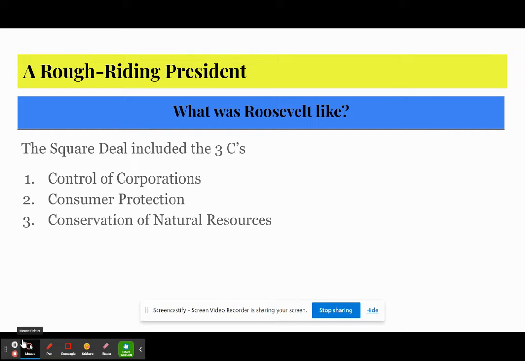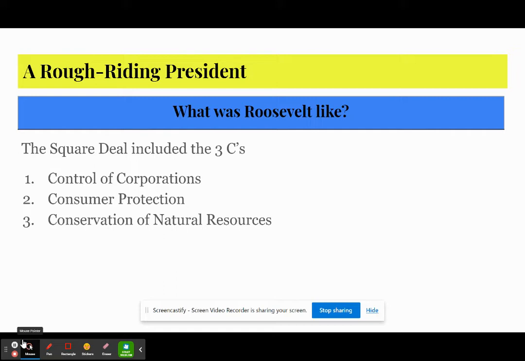He spearheaded many large irrigation projects to get water to areas of the United States that did not have free-flowing water. Like I've always said, we have the Great Lakes right by us, so we're a little spoiled in that way, but there are very arid regions of the United States that did not have water. So irrigation and dams, and then also setting aside land to just enjoy the beauty of our natural resources.